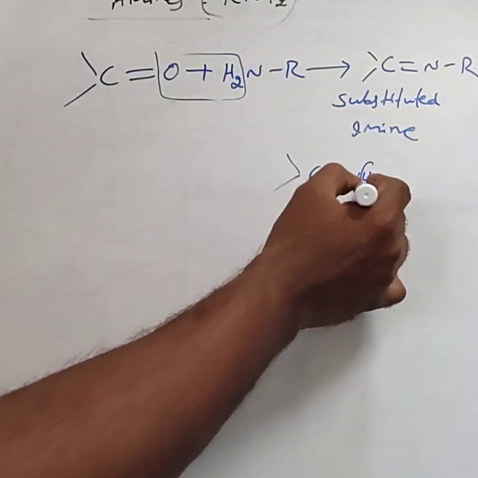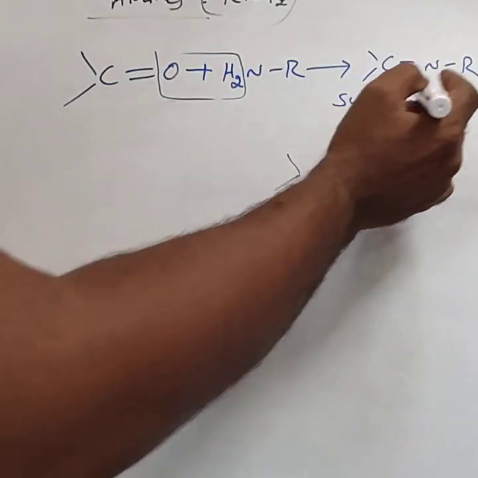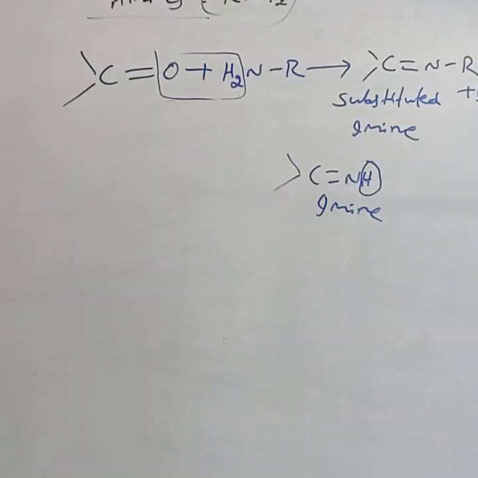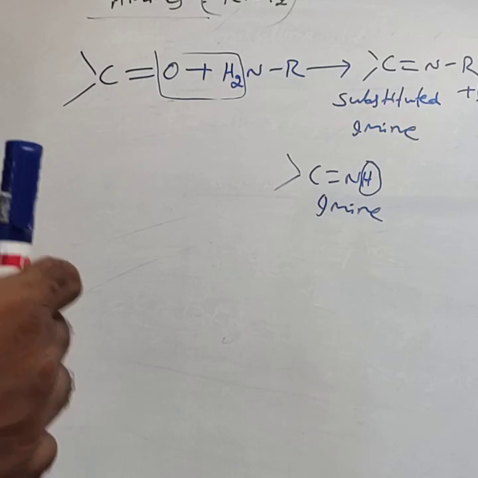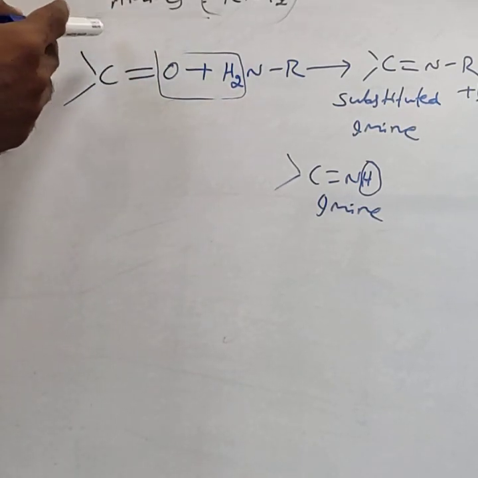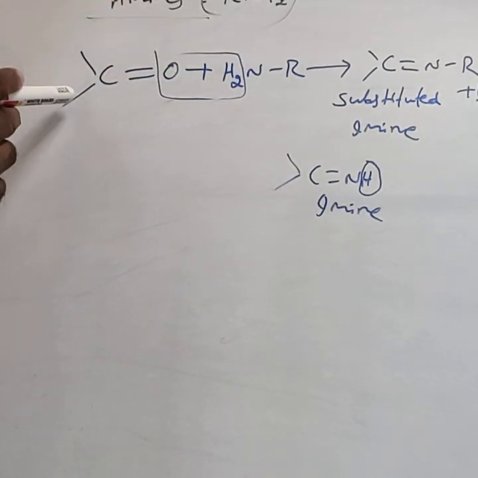Here H is replaced, hence it is called a substituted imine, plus water. This is about the nucleophilic addition reactions, also considered the condensation reactions of aldehydes and ketones. I considered the general formulas, whether acetaldehyde or acetone, aldehyde or ketone.